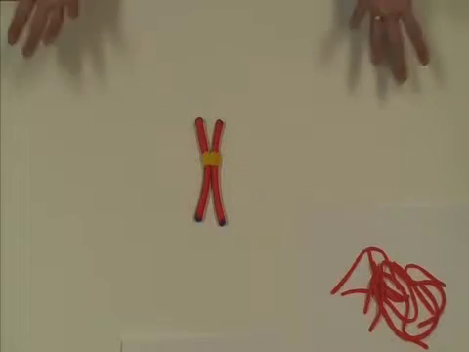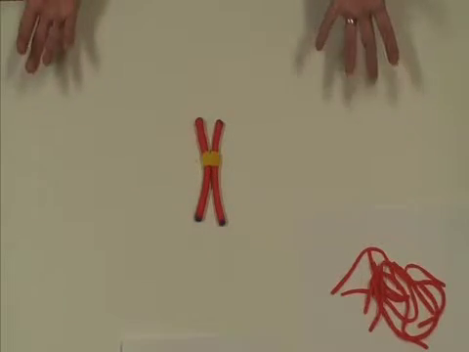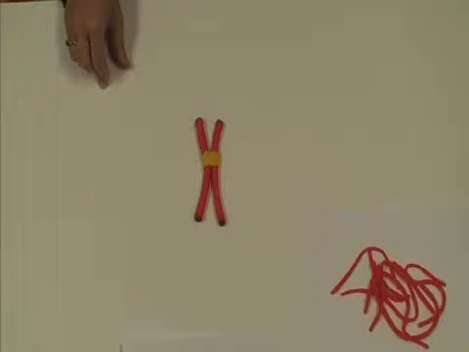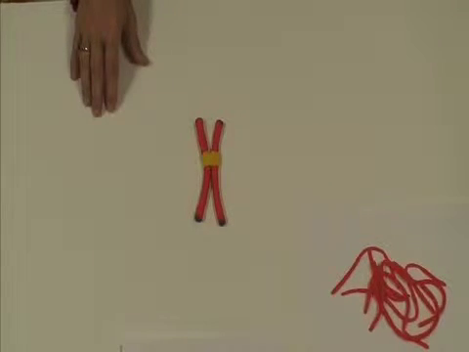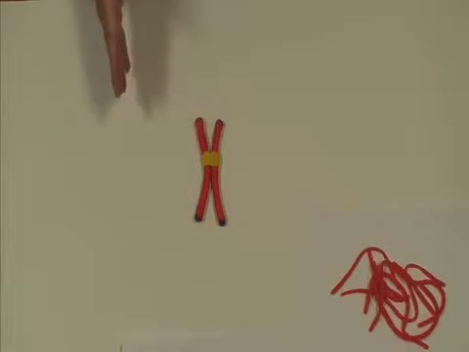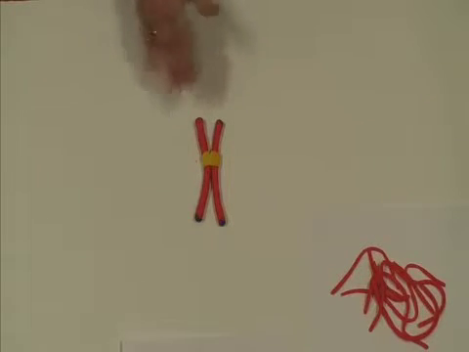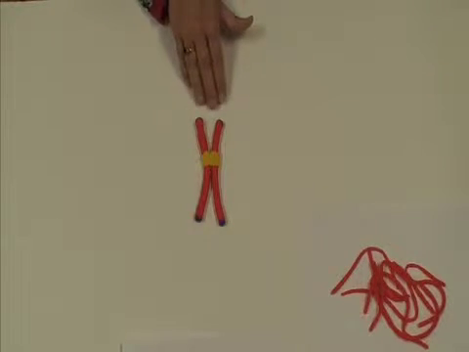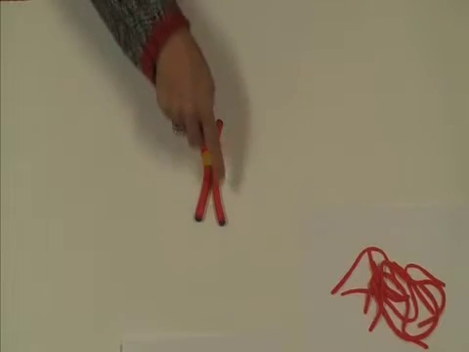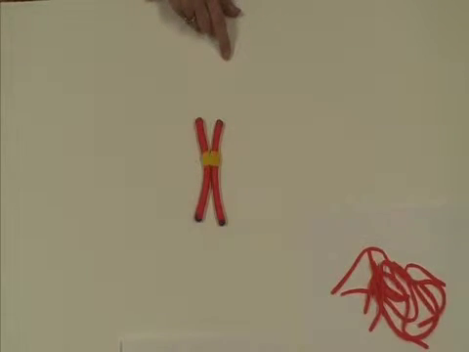So we're talking about sets of chromosomes. A haploid cell contains one set of chromosomes. A diploid cell contains two sets of chromosomes. And that's what determines whether something is haploid or diploid. In this case, this is a chromosome that has been duplicated. Nothing more, nothing less. Two strands of DNA.